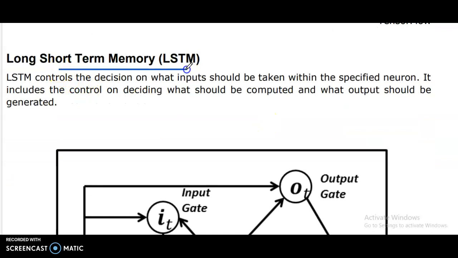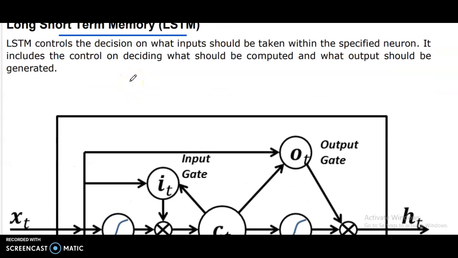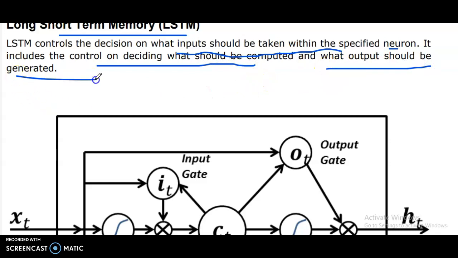Long short-term memory, LSTM. LSTM controls the system and what inputs should be taken within the specified neuron. It includes the control deciding what should be computed and what output should be generated.